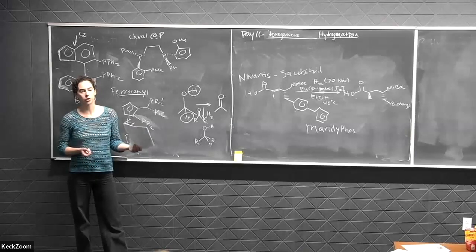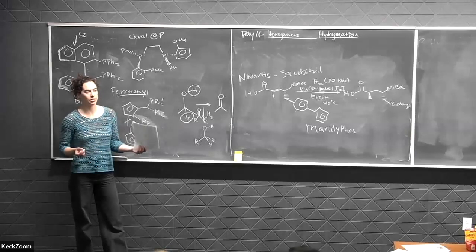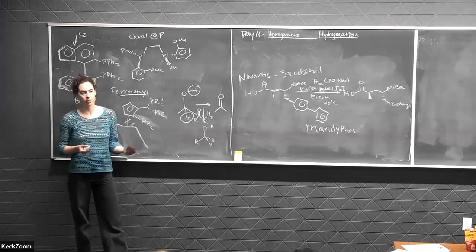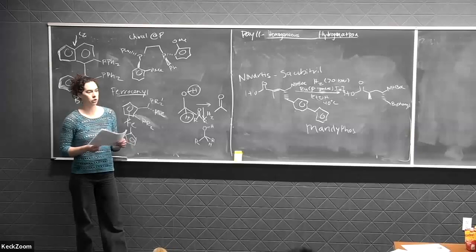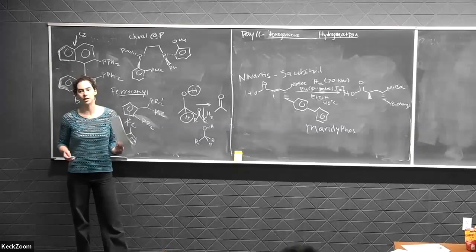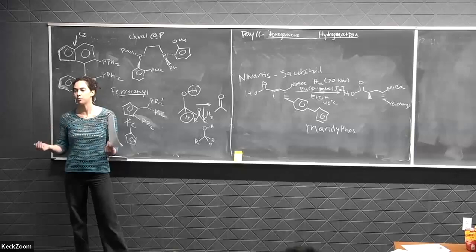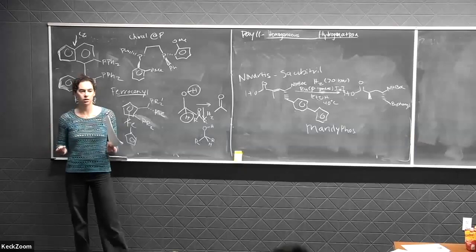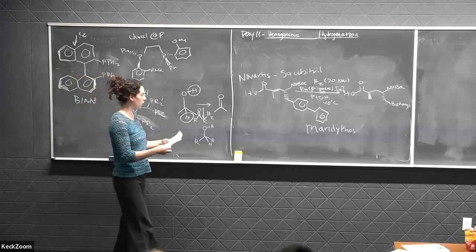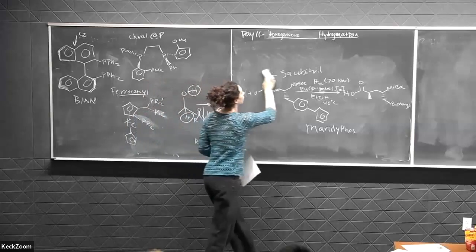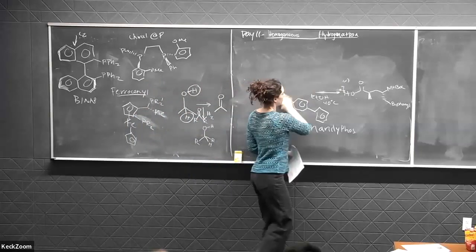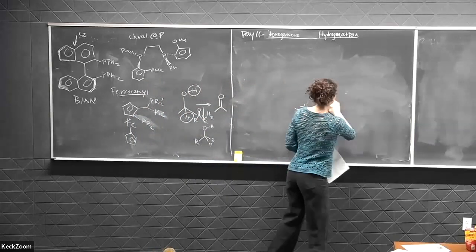But in industry, like I said earlier, hydrogen is considered a really great reagent because it just bubbles off. A lot of transfer hydrogenation could be considered more laboratory research-based, preparative use. So I'll draw a cycle here.